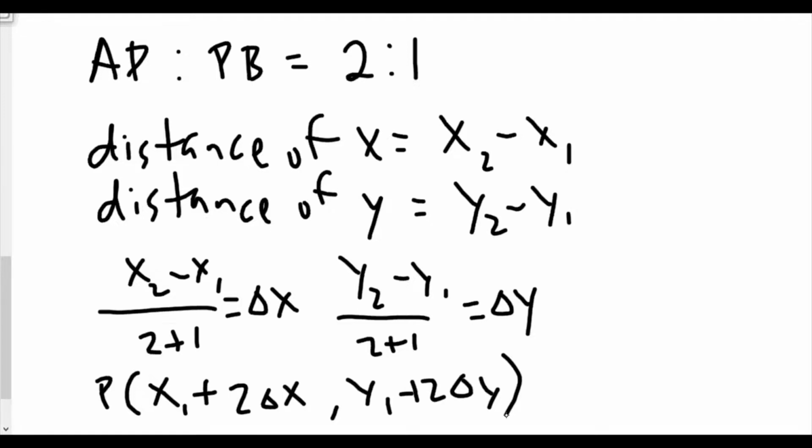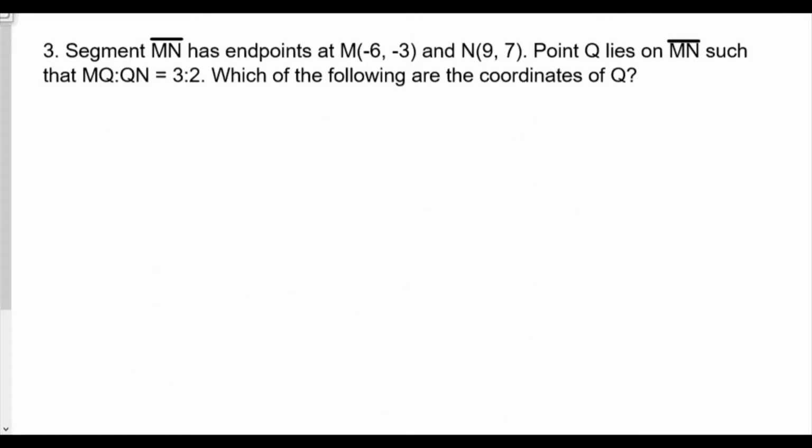Let's use this idea here. Number 3 talks about MN, and here we see M is at -6, comma, -3, and N is at 9, comma, 7. Point Q lies on MN such that MQ to QN is 3 to 2. So let's talk about our difference in x.